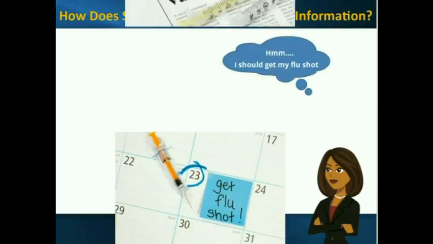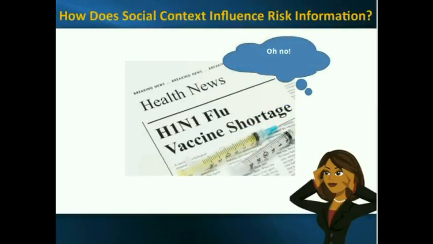But the initial shortage of vaccines discouraged many people, and many of them decided not to act on the information. So anytime we communicate risk information, we have to make sure that the system allows them to act on that information.